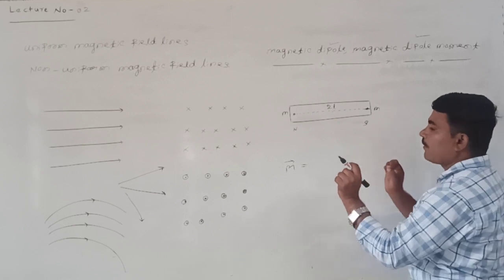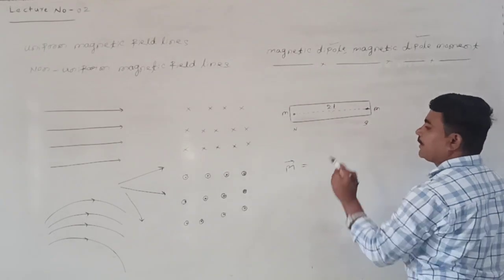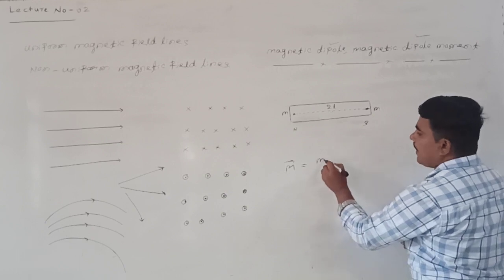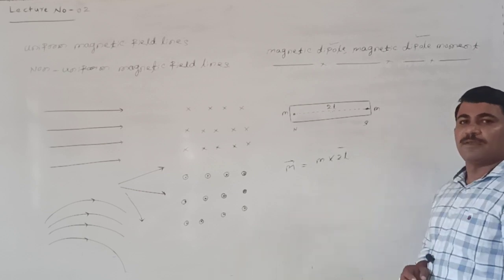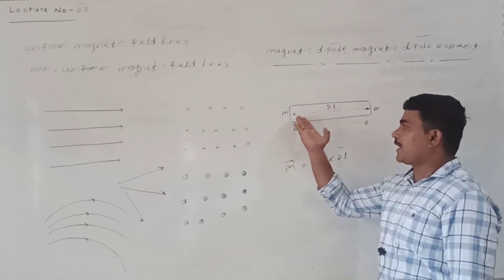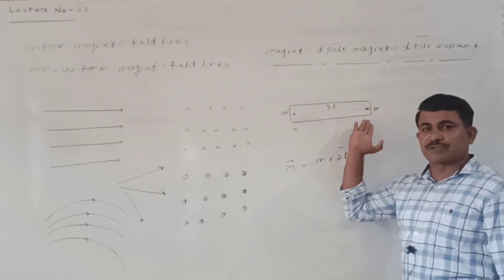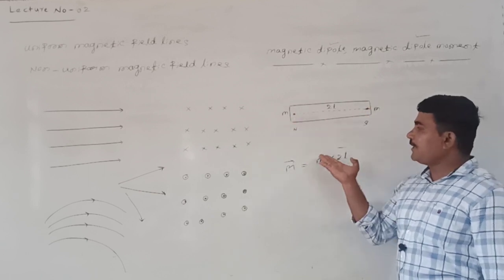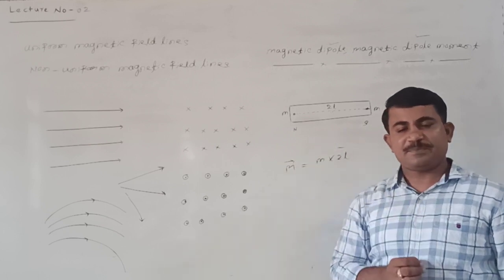Magnetic dipole moment is the product of either pole strength and the distance between the two poles. Either you can take the north pole strength or the south pole strength. The product of either and the distance between the two poles, this we are calling magnetic dipole moment.